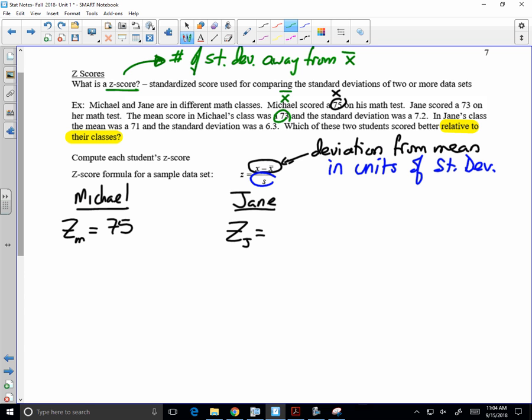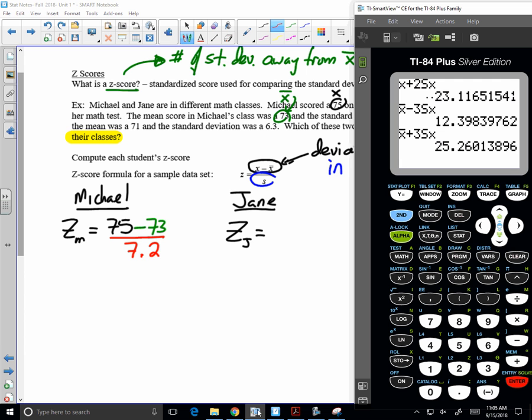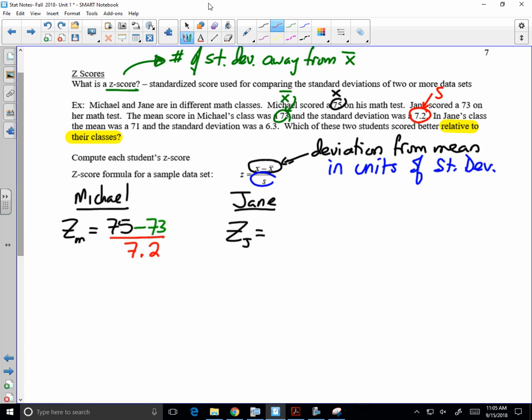There's my x bar. The standard deviation was a 7.2. So we can crank those numbers out. It's 2 over 7.2, which approximates out to be about 0.278.